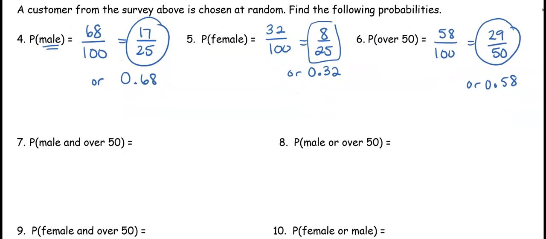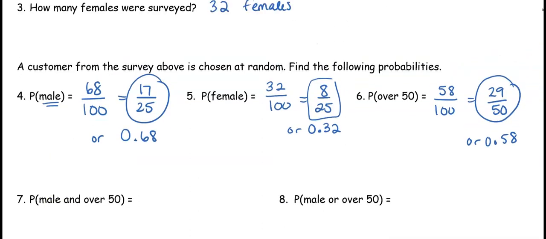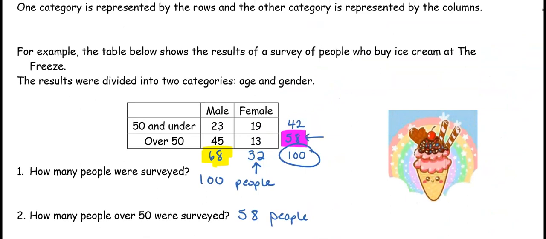All right, now we're going to get a little bit more specific here. The probability that they're a male and they're over 50. They need to fit both criteria. It can't just be a guy. It can't just be over 50. It needs to be male and over 50. So I go back to my table. I'm looking for male and over 50.